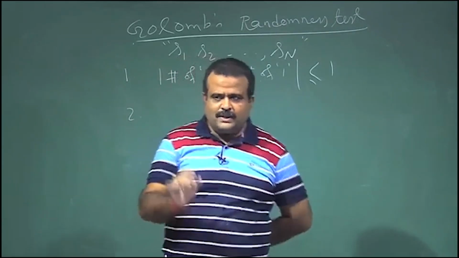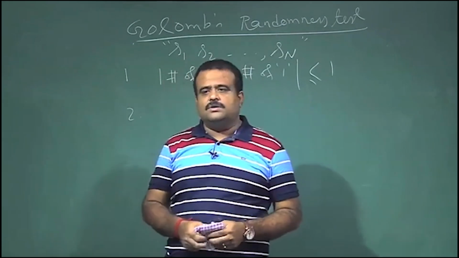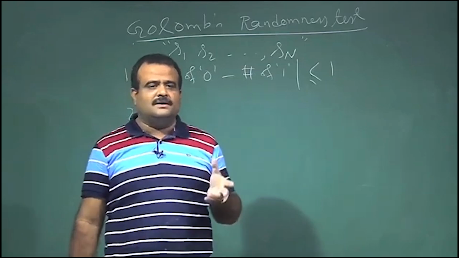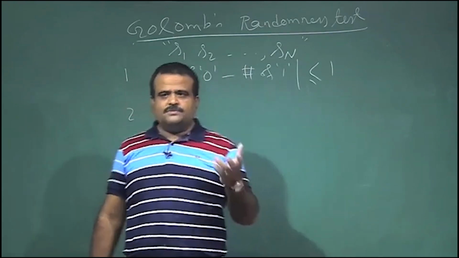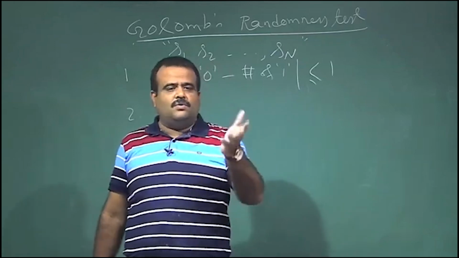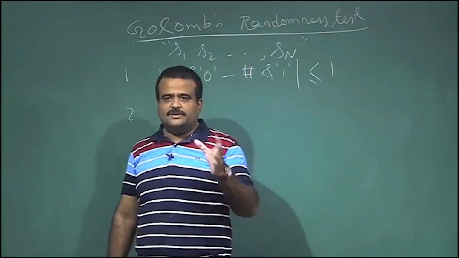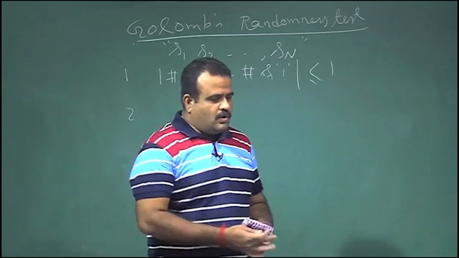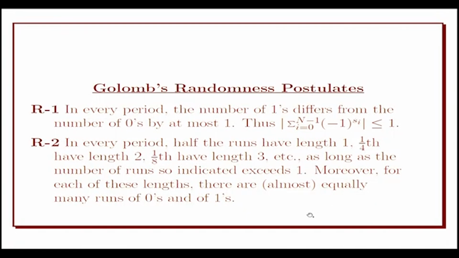We will take an example. So, we count how many runs there are. If there are 8 runs, then half of the runs should be of length 1, that means 4 runs should be of length 1, and 1/4 of the runs should have length 2, like this. Okay. So, this is the second rule, about the runs.